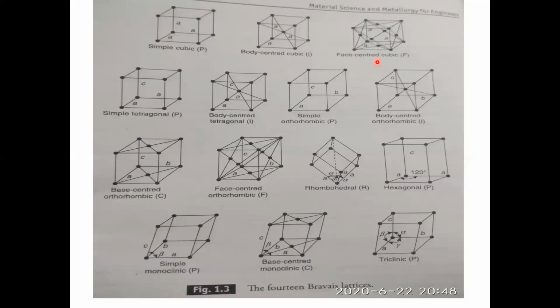So total 8 corner atoms plus 6 face centered atoms, 8 plus 6, that is 14. That is the total number of atoms in simple cubic, BCC, and FCC crystal structures.